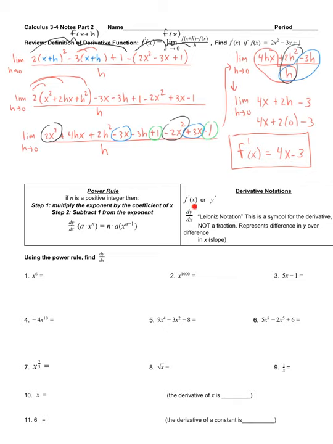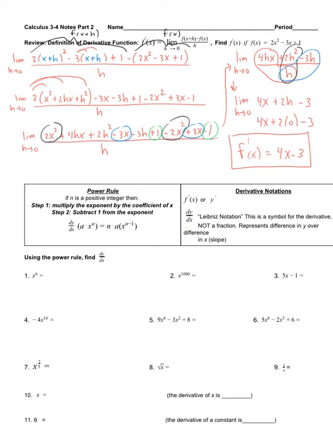We've talked about f prime of x being one of the notations for derivative. Y prime is another one. The other one that you're going to see is this one right here. It looks like a fraction, dy over dx, but it's not a fraction. It is a symbol for derivative. Leibniz notation is what it's called, and it's named after the guy that invented it. But this is a symbol for derivative.